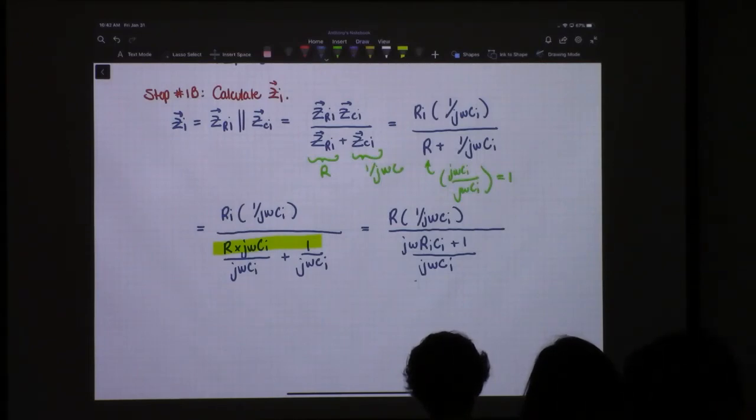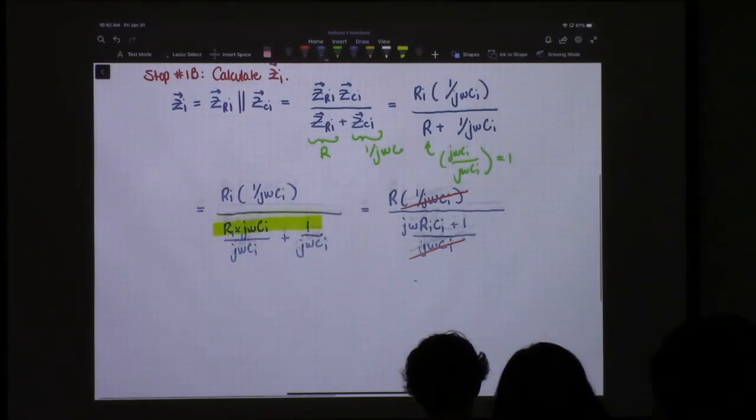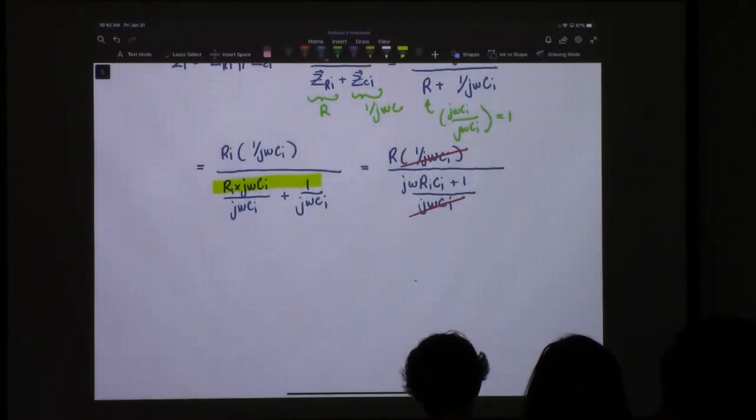And what ends up happening is that these will cancel out with one another, because we have a 1 over j omega Ci in both the numerator and the denominator. And what we're left with in the end is Ri over j omega Ri Ci plus 1.